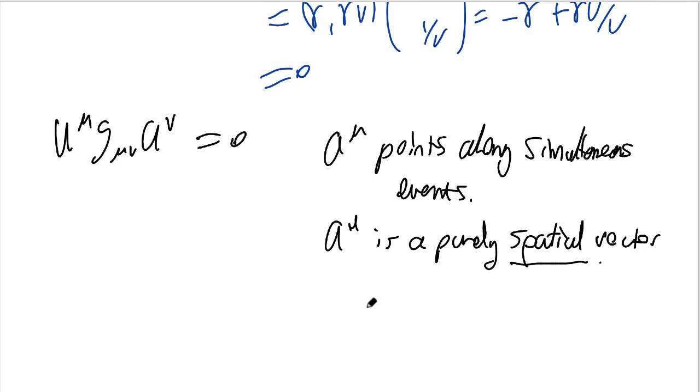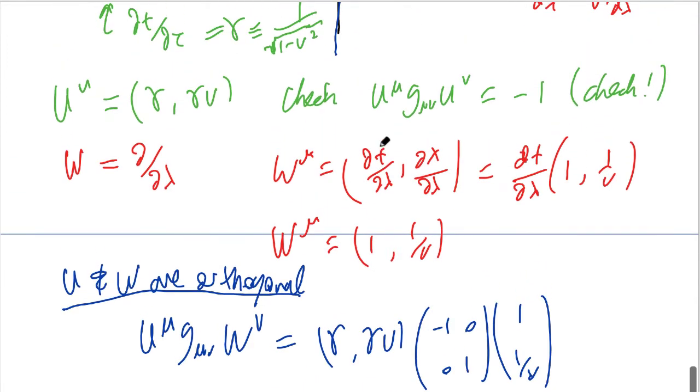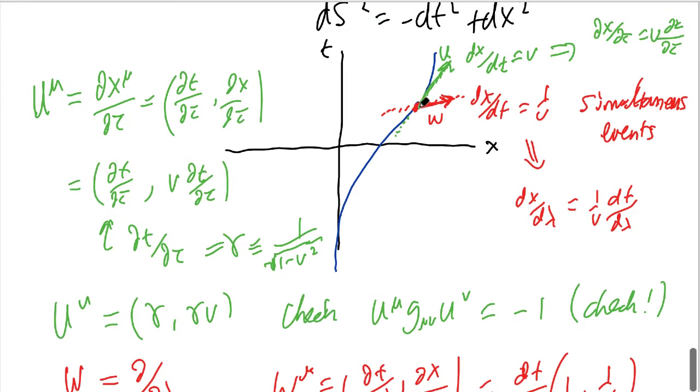Now, you might be worried that my explanation is not really valid because I used special relativity to argue that vectors orthogonal to the velocity lie along the surfaces that the observer views as being simultaneous, and in that sense, the spatial directions.